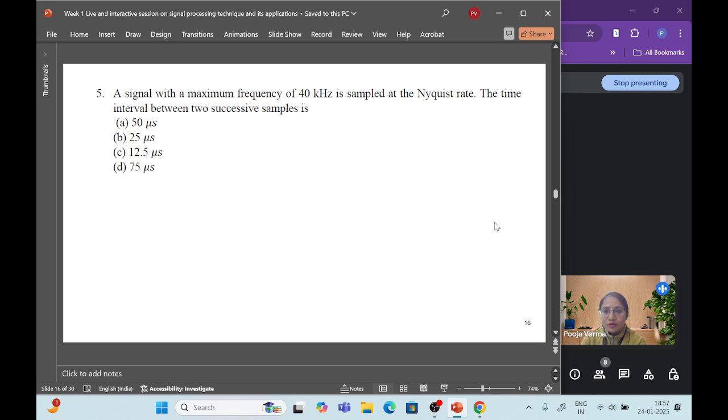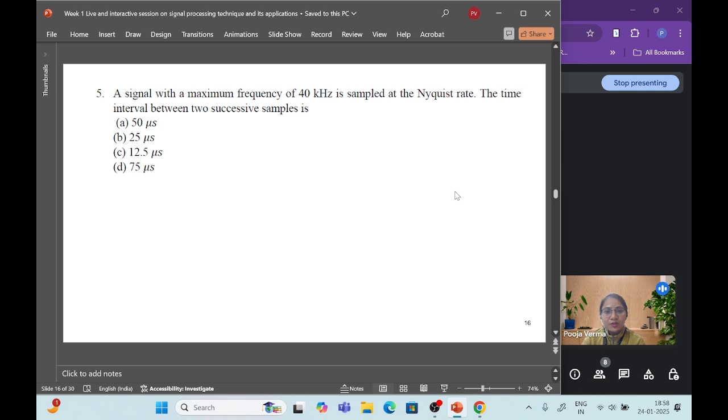The next question is: a signal with a maximum frequency of 40 kilohertz is sampled at the Nyquist rate. The time interval between two successive samples is? Options are given. Any one of you try to answer this question.